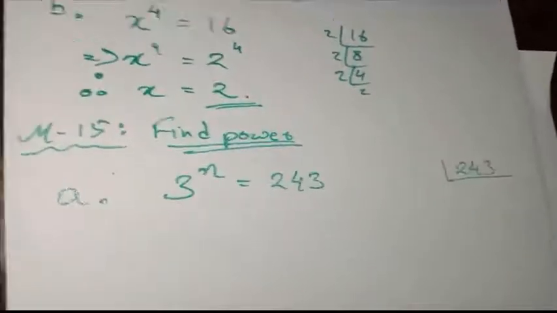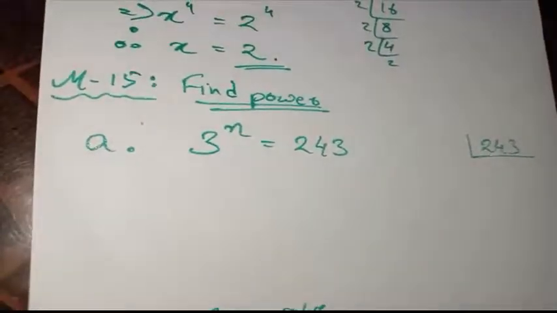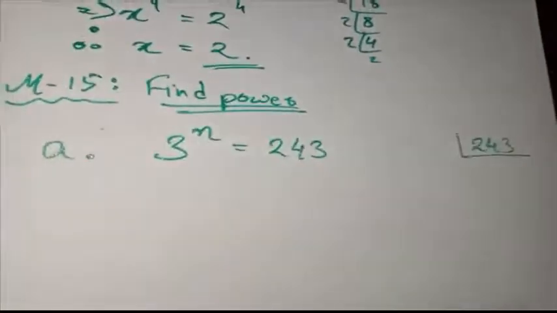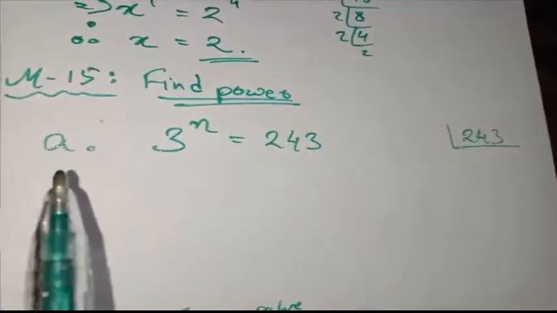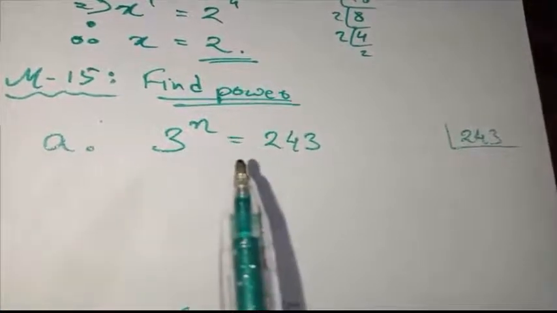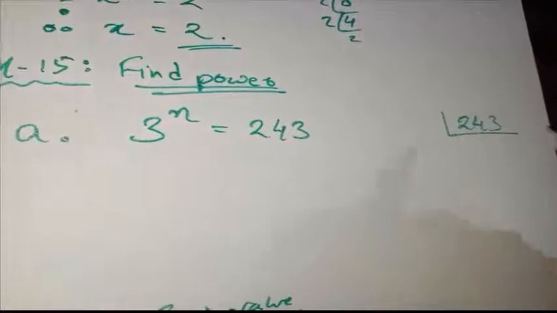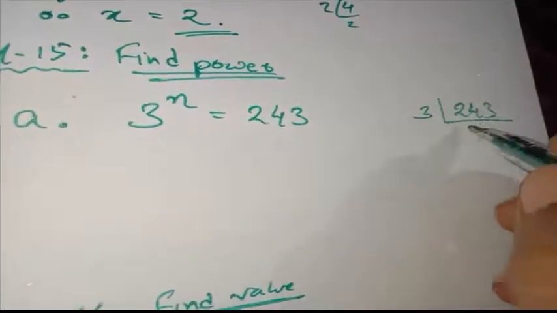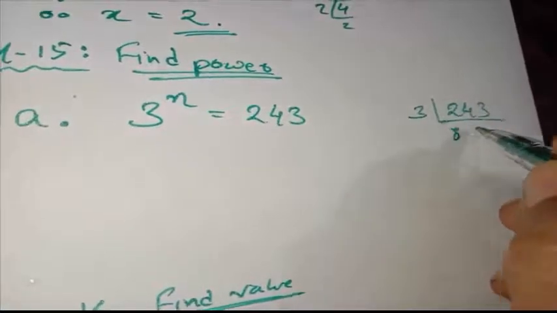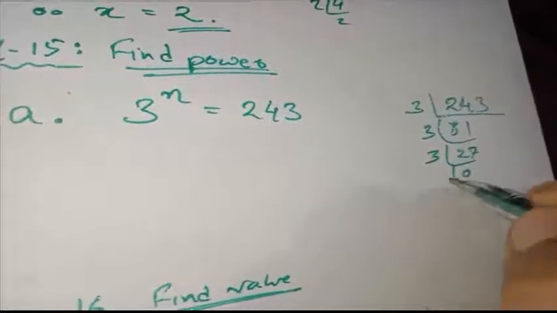Now let us consider question number A of module number 15. You are asked to find the power, and the equation in question number A is 3 to the power n equal to 243. So you have to find n. We will again do the prime factorization of 243. 3 times 81, so 3 times 27, 3 times 9, 3 times 3.